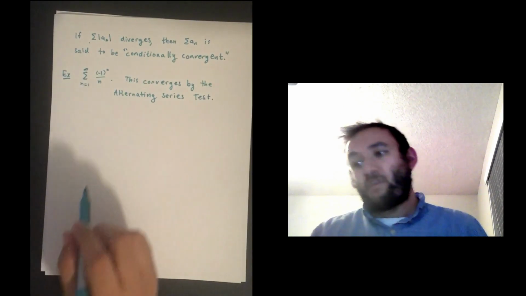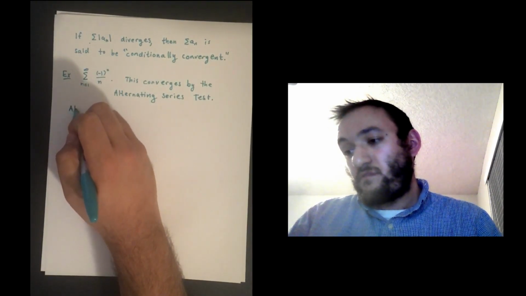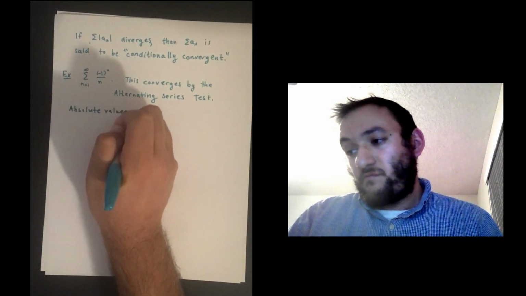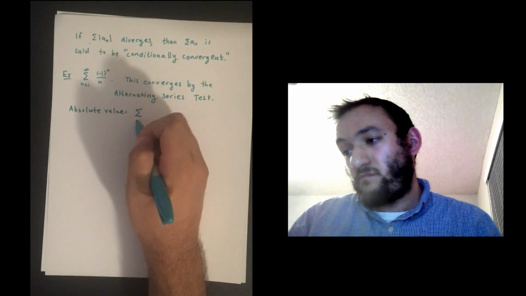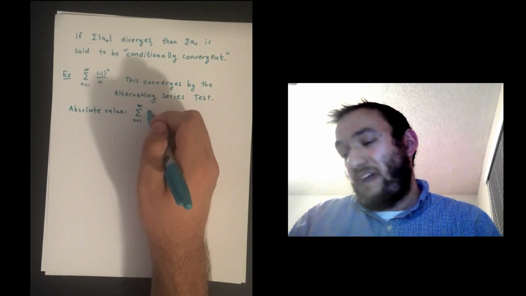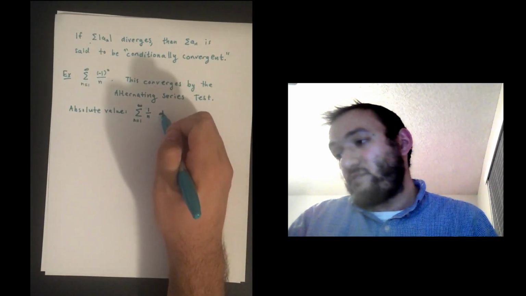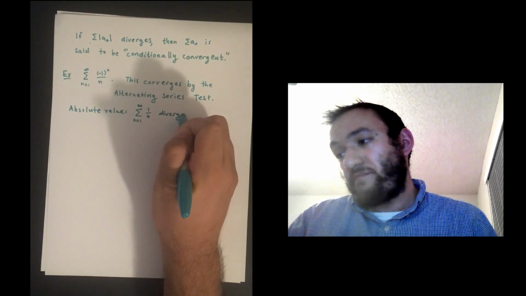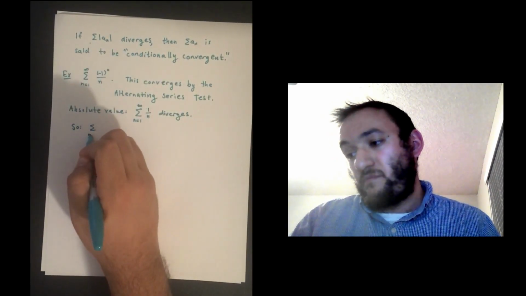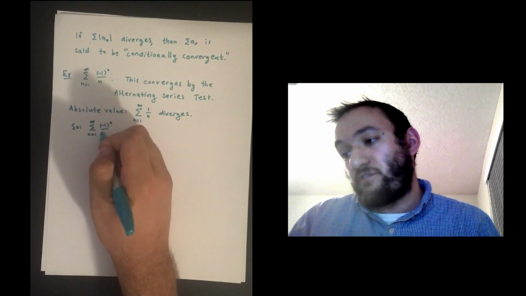However, if I were to take the absolute values, the sum from n equals 1 to infinity of the absolute value of that, which is just 1 over n, this is the harmonic series which diverges. So the original sum is conditionally convergent.